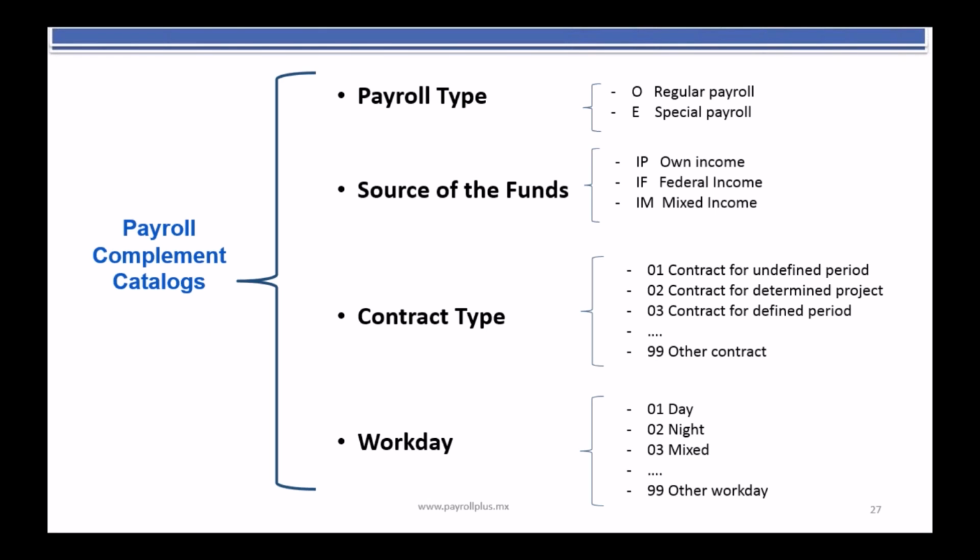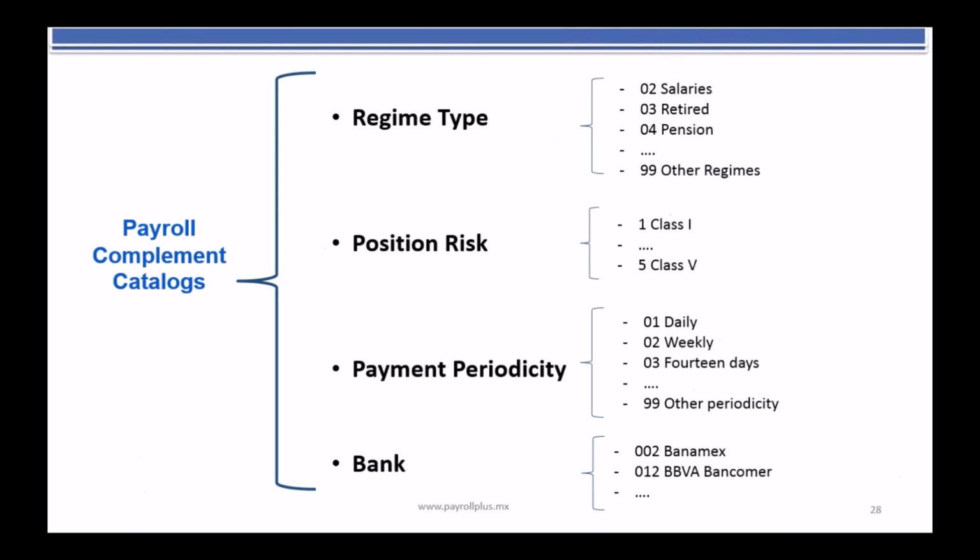There is an option for hourly work, for shifts, etc. If the options in the catalog do not fit what the employee performed, then you can have 99 for other work day. Also, the authorities have made very clear that this catalog shall not be used for persons that are assimilated to salaries.